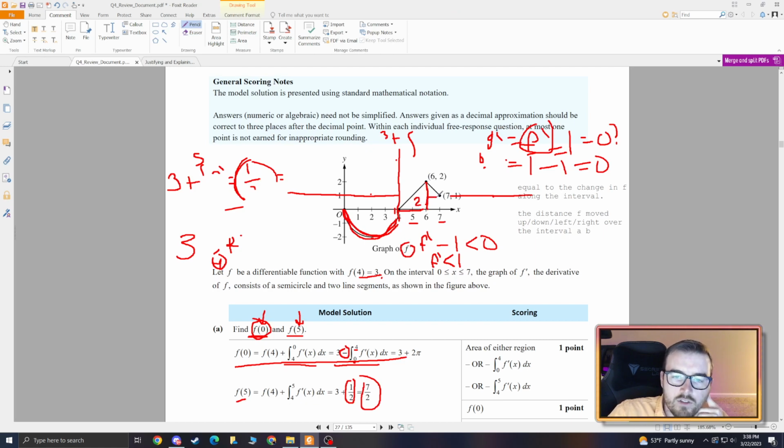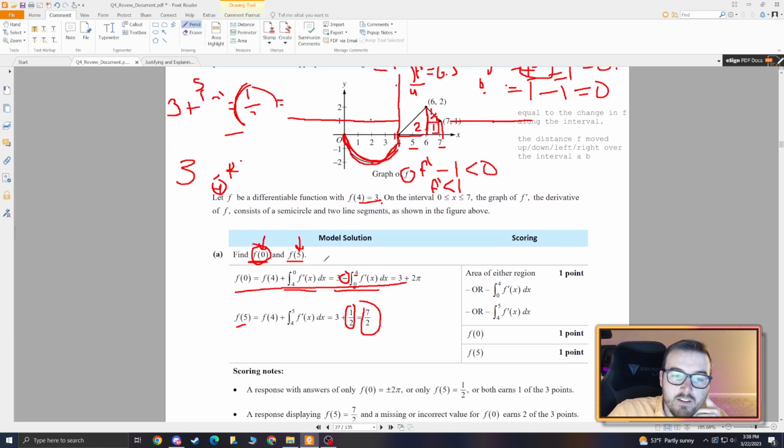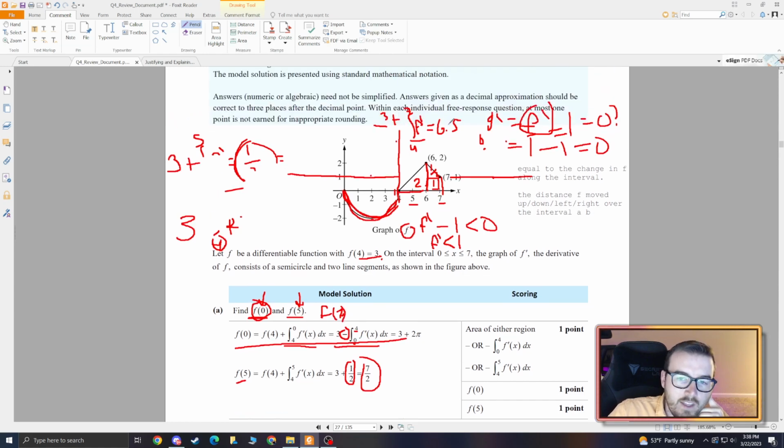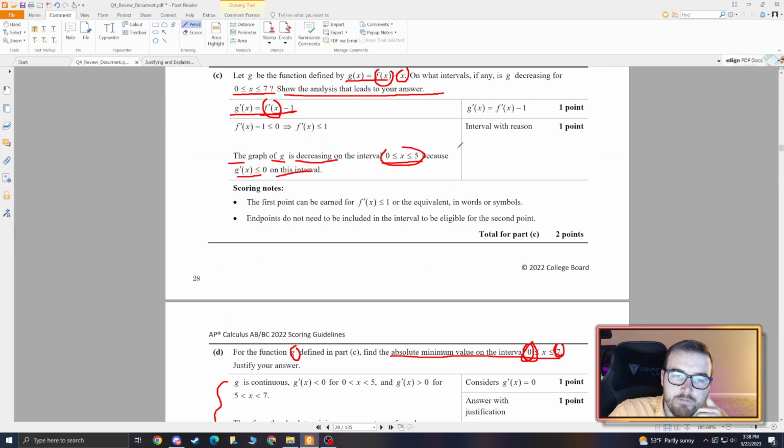And then this triangle is a half, and then this square is 1. So that's going to be 3.5. So the integral from 4 to 7 of f prime is 3.5. So 3 plus 3.5 is 6.5. So f of 7, when we add that integral, is 6.5.